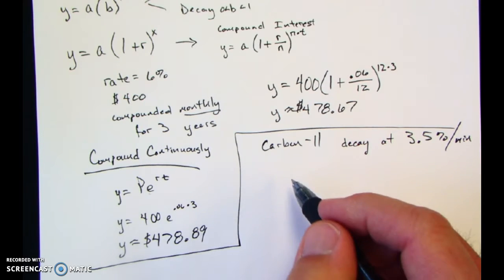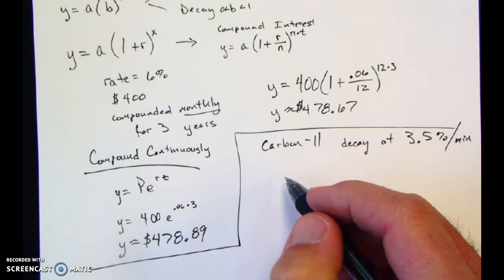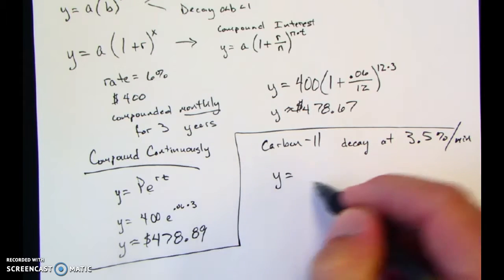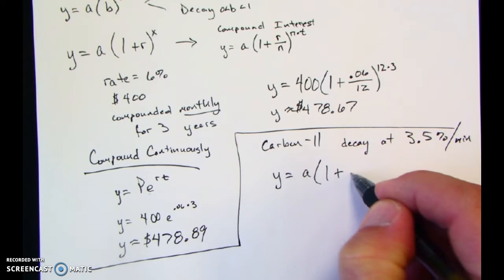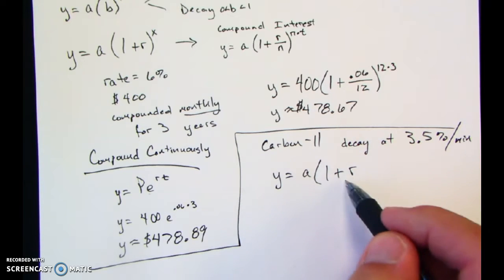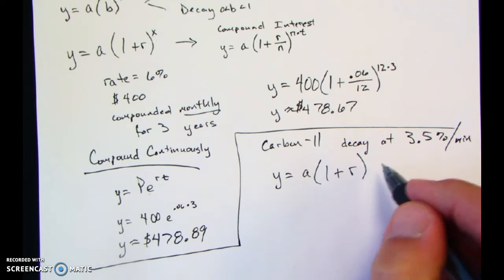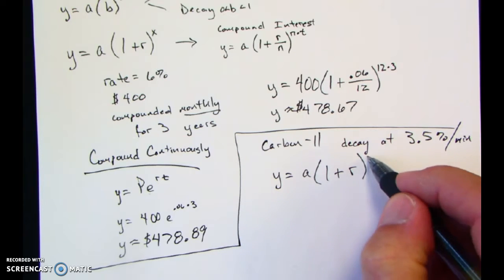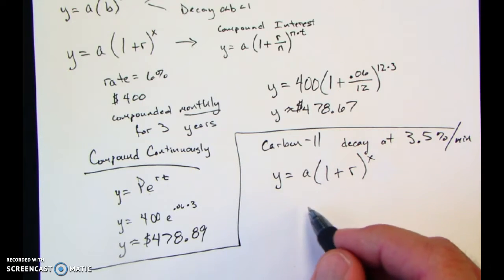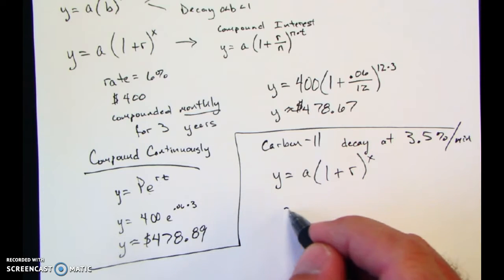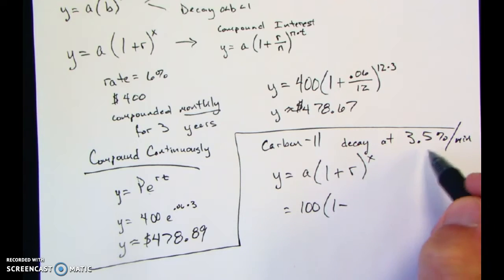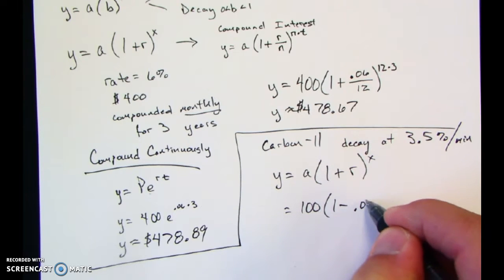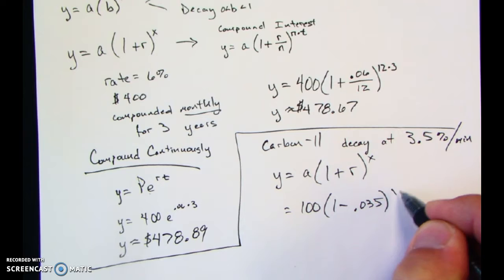And so when we're looking at that, as far as thinking about our formula, whatever amount you begin with, we have this plus r. Well, if it's decaying, then we would think of it as a minus r. And so when you're looking at setting up a problem here, we could say that, well, we're starting at 100%, and then I have a decay rate of 0.035 raised to the x.